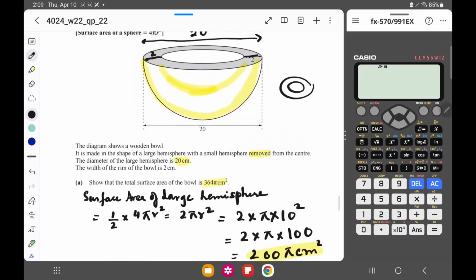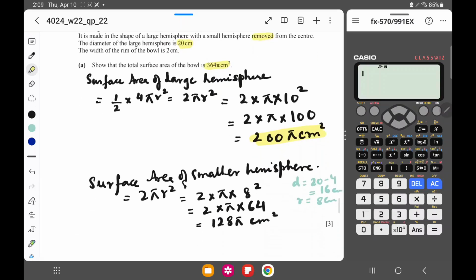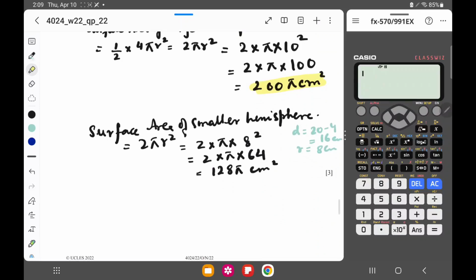Now for finding the surface area of the rim. The larger circle area minus the smaller circle area. The larger circle has the radius 10 and the smaller circle has the radius 8. So the surface area of the rim is equal to the area of the larger circle minus the area of the smaller circle.